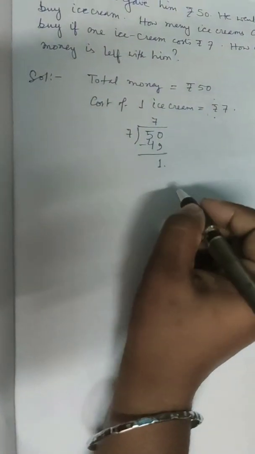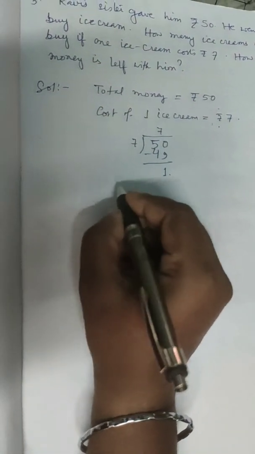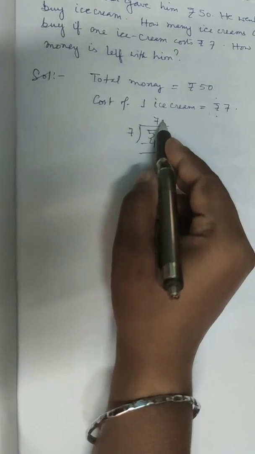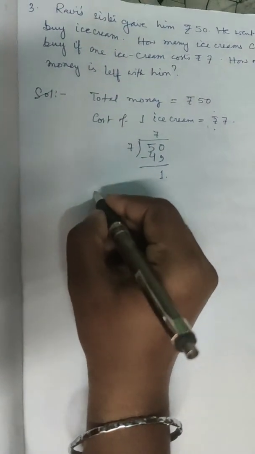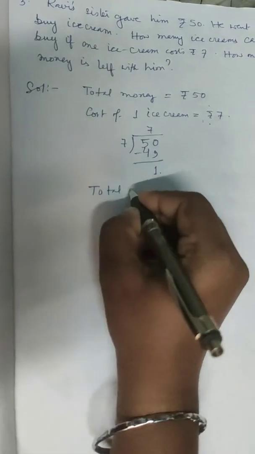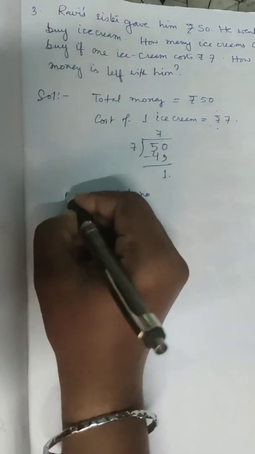Okay, so what is the answer? Here the quotient is 7, the remainder is 1. So the total number of ice creams is the answer.